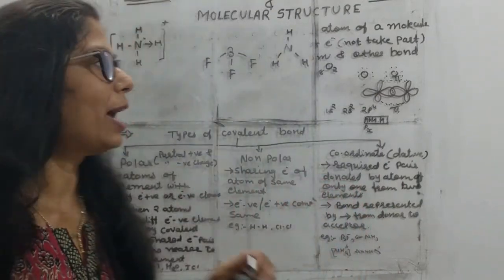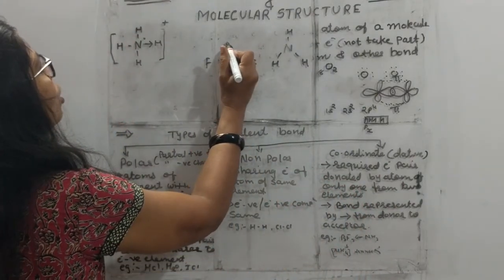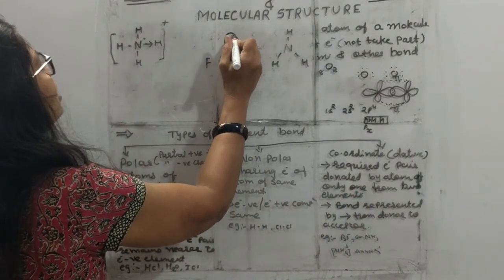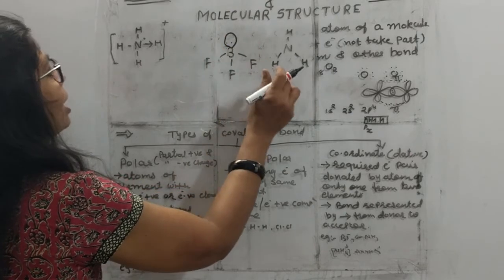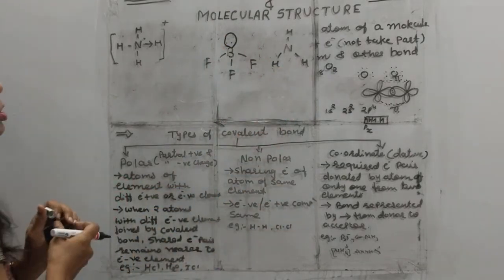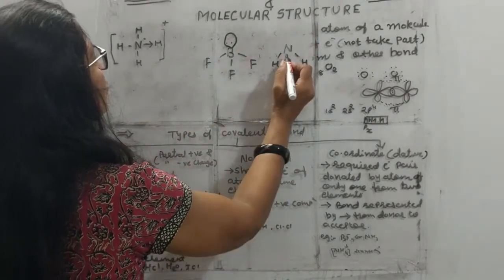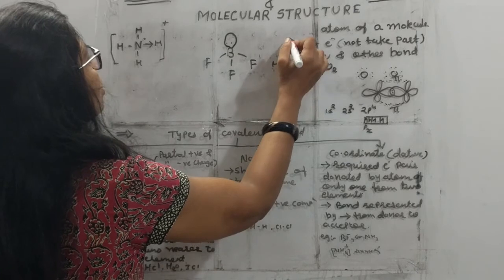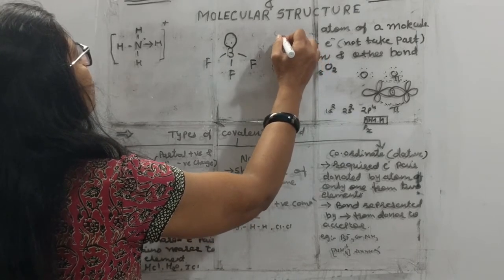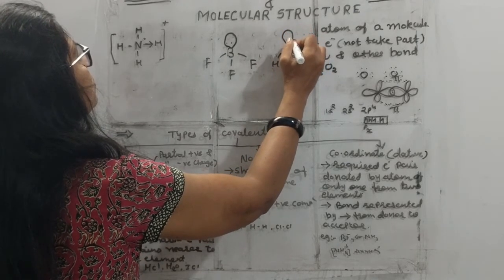Nitrogen is having one lone pair of electrons which does not take part in the formation of the bond. Same way, this hydrogen will draw this side.